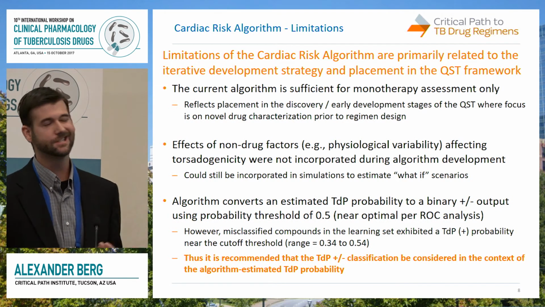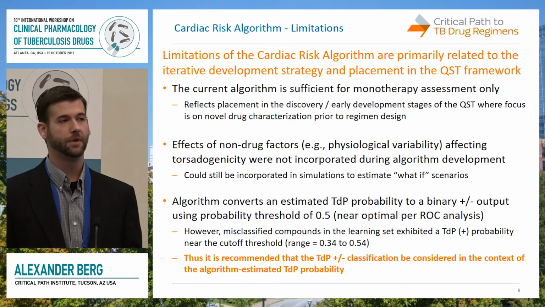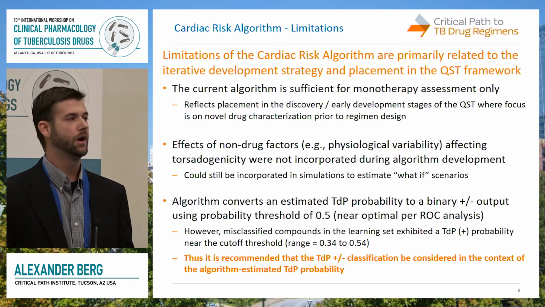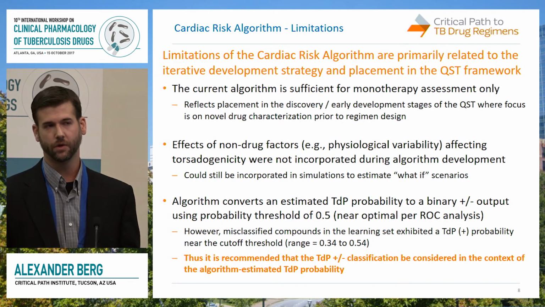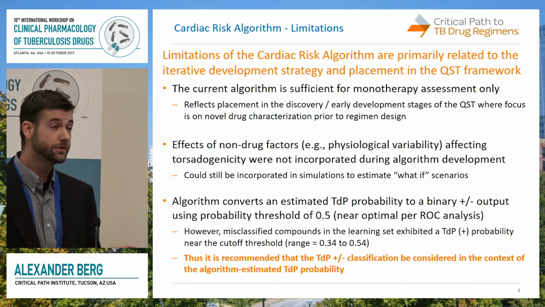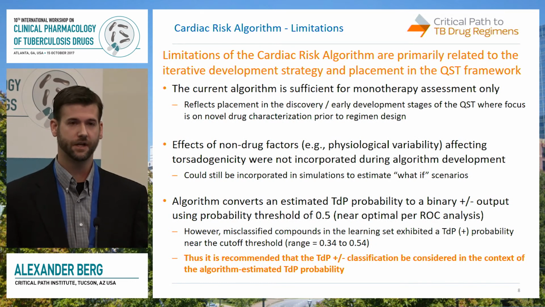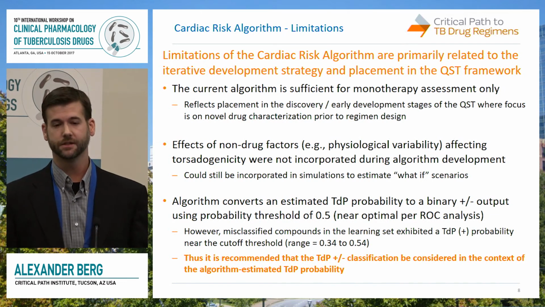So this suggests that there may be a middle range of compounds or middle range of probabilities where the binary classification may not work quite as well. So at this point, for use of the algorithm, we're considering that the overall classification as well as the estimated probability be considered together when making decisions.